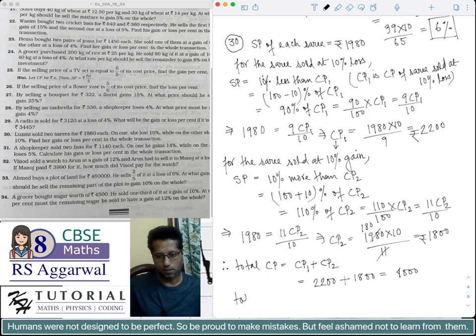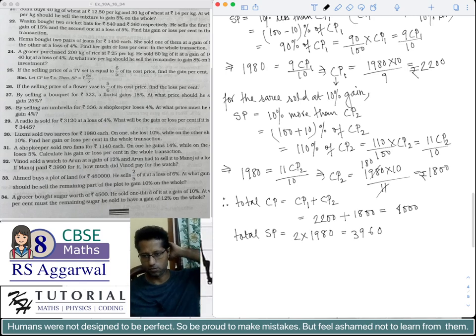Total SP is equal to 2 into 1980, since both the saris were sold at rupees 1980. So this is equal to 3960.